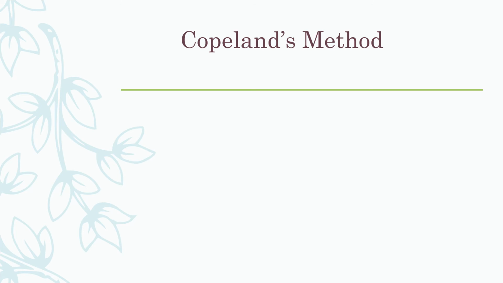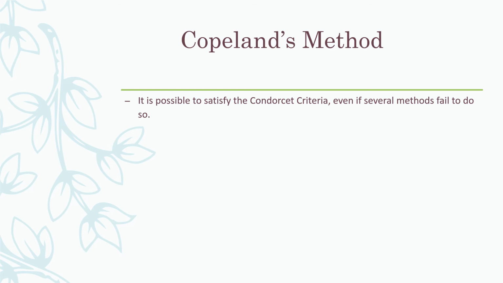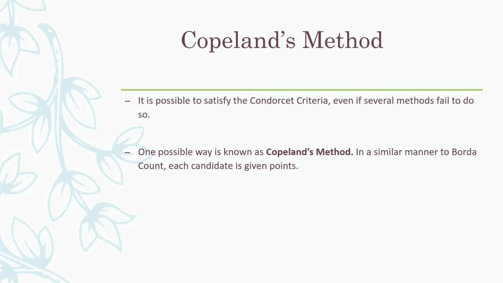Okay, so the Condorcet criterion is kind of a hard thing to satisfy. And even though it seems kind of crazy to talk about, there are ways to make sure that it passes. One way was done on purpose to specifically solve this problem.